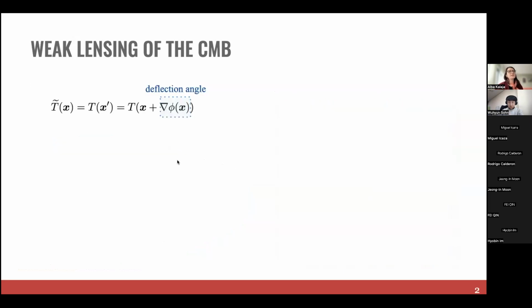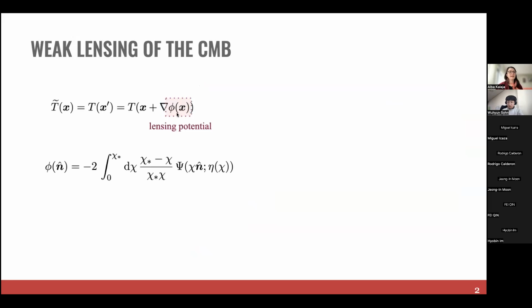Getting to the details, what happens effectively is that temperature anisotropies of the CMB get remapped, so their position gets remapped by a deflection angle, which is given in terms of the gradient of a certain quantity that we call the lensing potential, which is in turn defined as the integral of the gravitational potential psi across the line of sight, where chi is the comoving distance.